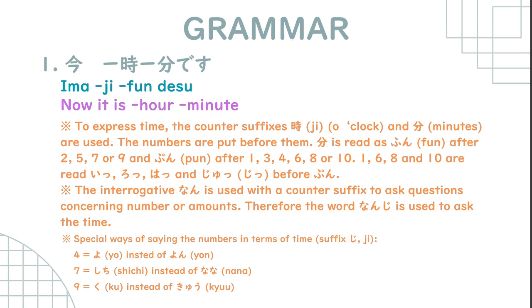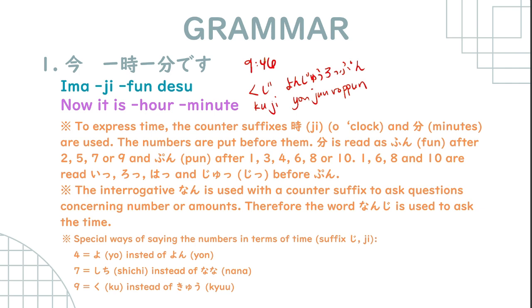For example, right now it is 9:46, right? So how would you say 9:46 in Japanese? You would say kuji, right? Hour. And then 46 minutes.